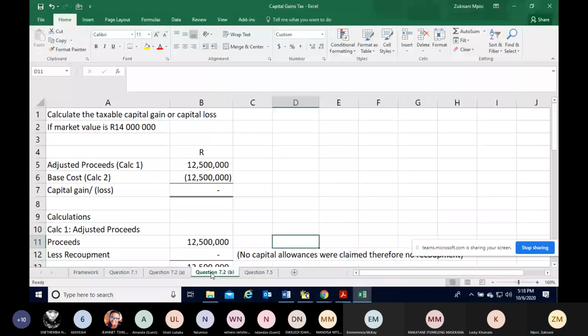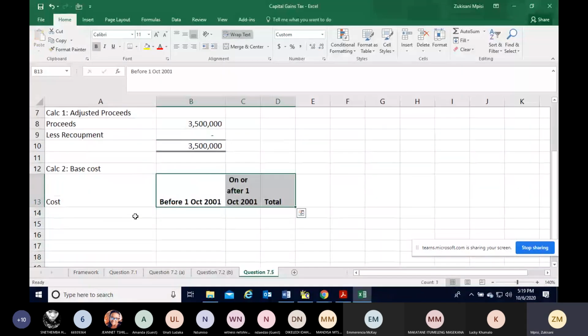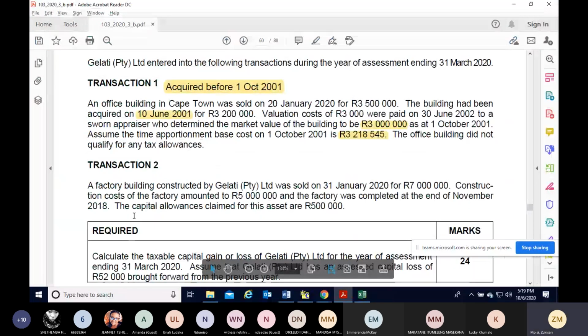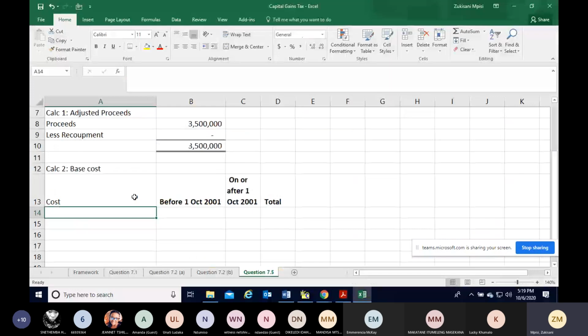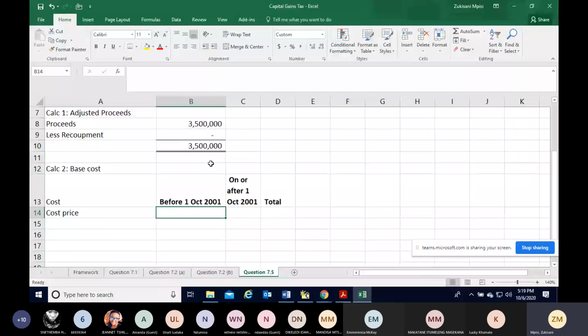So we're going to have these costs. That's the reason I don't need to redo everything, I can just copy and paste. So we are told that the building was acquired, so cost price before 1 October 2001, as 3,200,000.